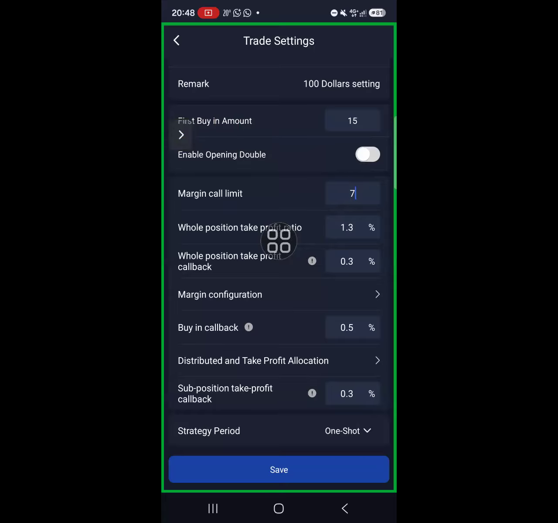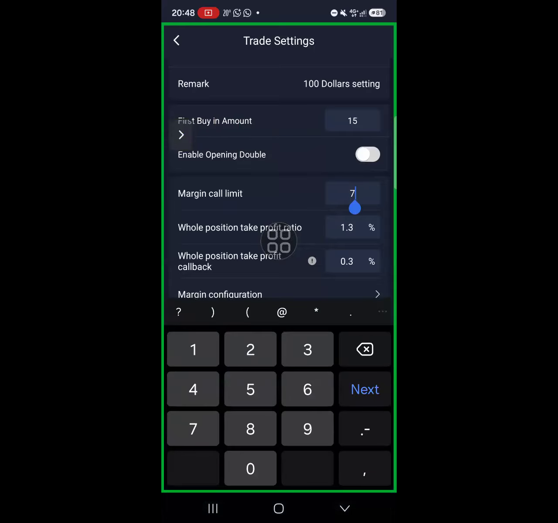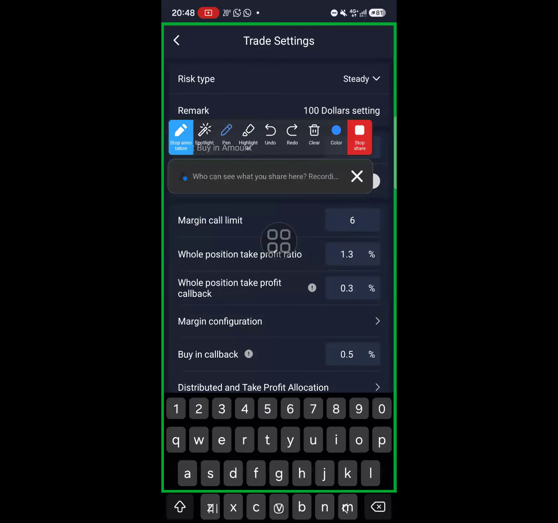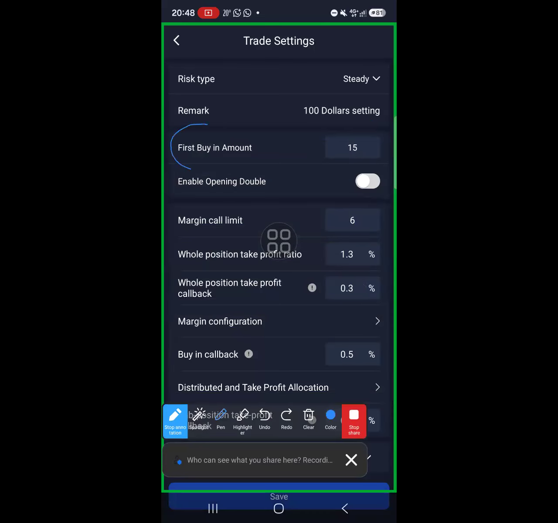Okay. So I want to edit the margin call limit. How many times should my robot buy? So I want to use 6 margin calls, for example. The first buy-in amount you are always going to change whenever you are setting any trade.